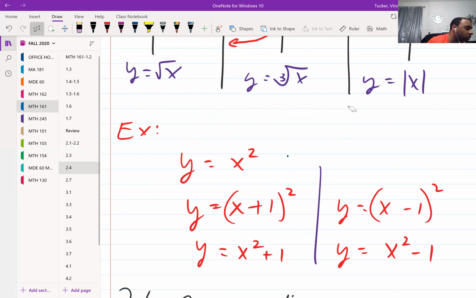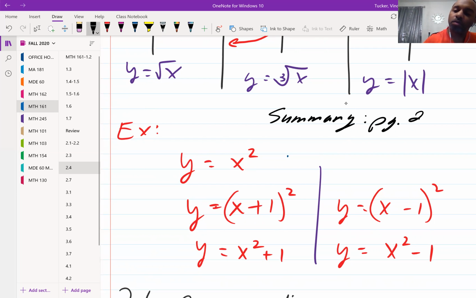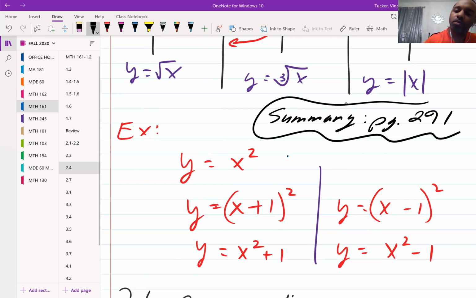They have the summary of those transformations on page 291.